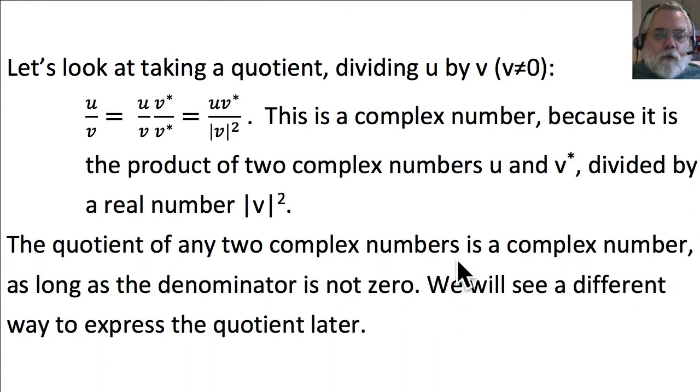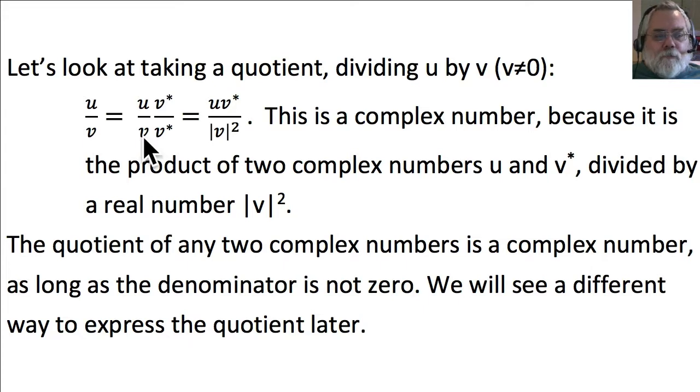Let's look at taking a quotient, which we haven't done before. We'll divide complex number u by complex number v, but only in the case where v is not 0. So here we have u divided by v. We can multiply the numerator and denominator by the same quantity if we wish, and in this case we'll choose that quantity to be v star. So we'll multiply by v star and divide by v star. The numerator ends up being u times v star.